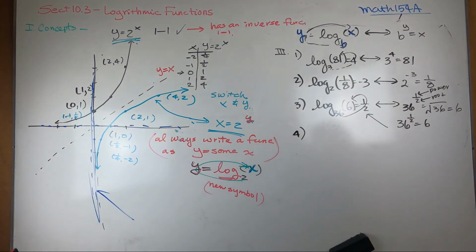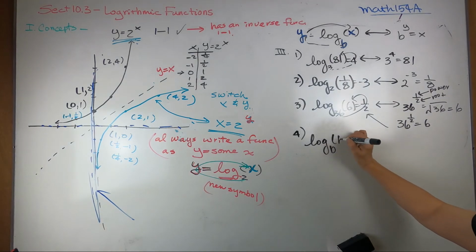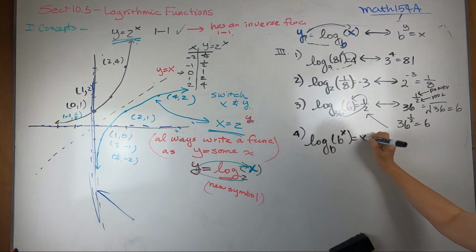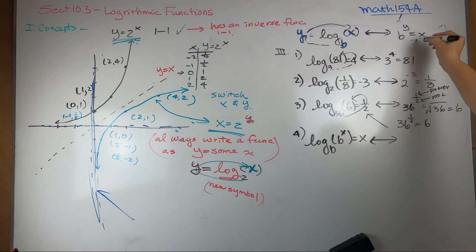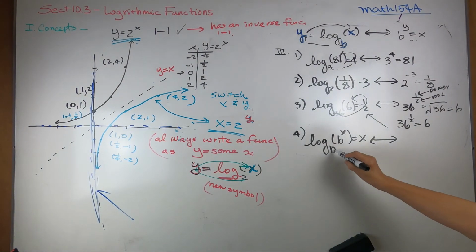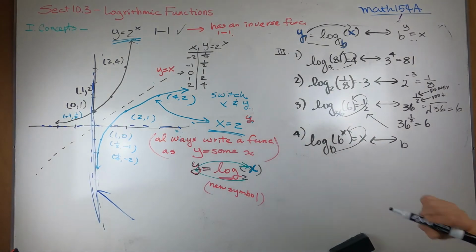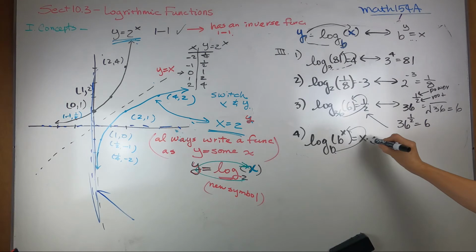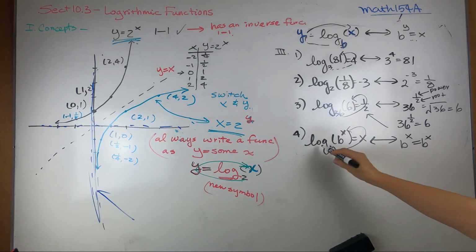Another one is a little bit abstract. Log base b of b to the x equals x. You cannot see that, but if you change it to the exponent style, that means if I make the base go through the hook, the power should equal the inside. Are they the same?